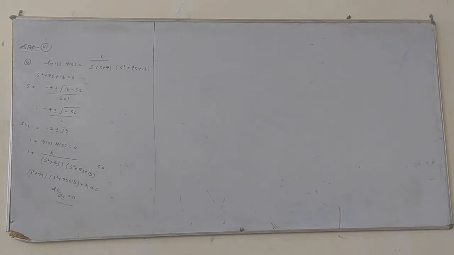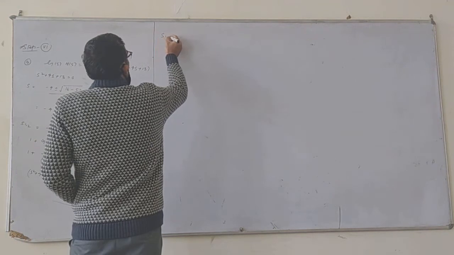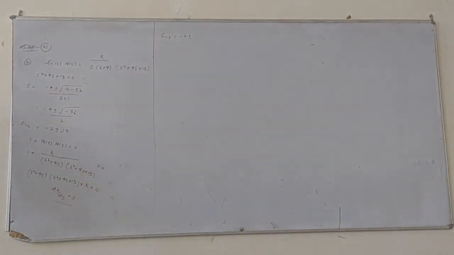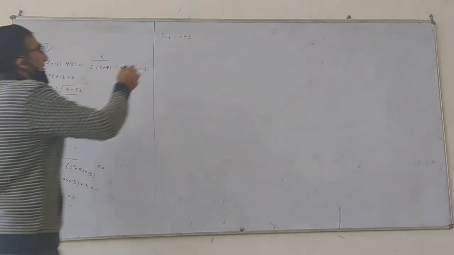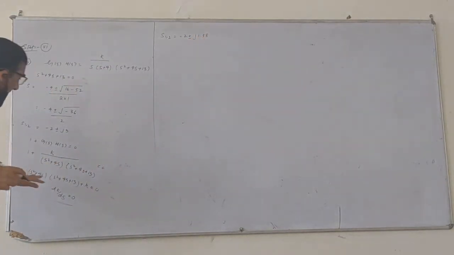Out of this you are going to get two complex roots. I am not worried about other things. So the two complex roots will be s equal to minus 2 plus minus j 1.5. I hope this is clear.